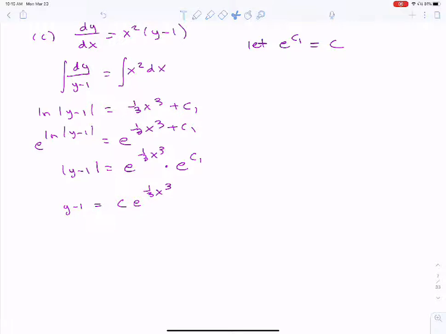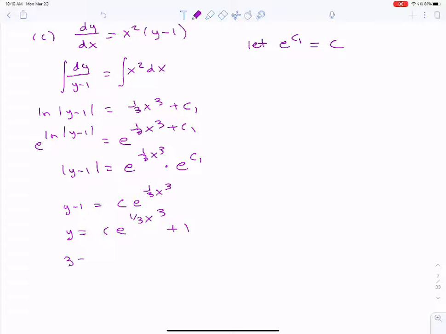Okay, so let's plug in (0, 3). Actually, before that, I'm going to just solve for y. It doesn't matter, I can plug in now, but I feel like it might be slightly easier to solve for y first. So let's plug in (0, 3).